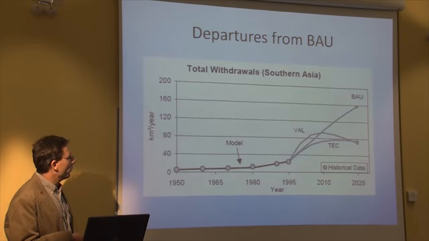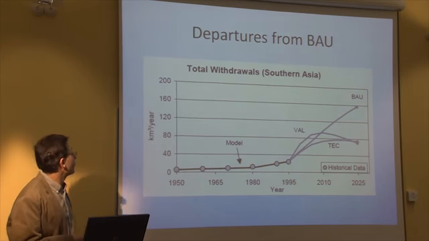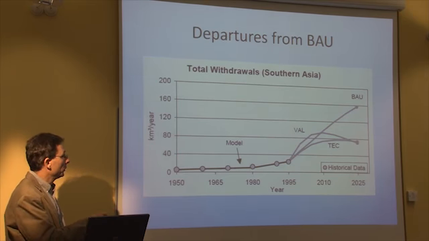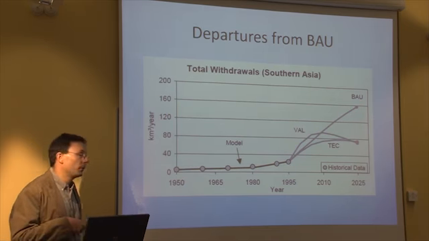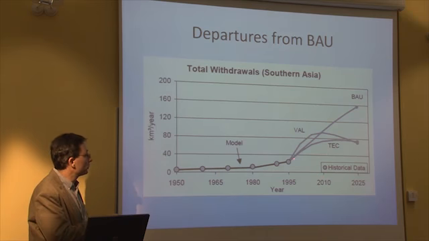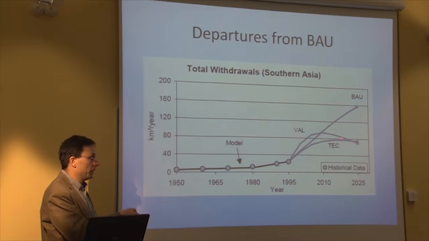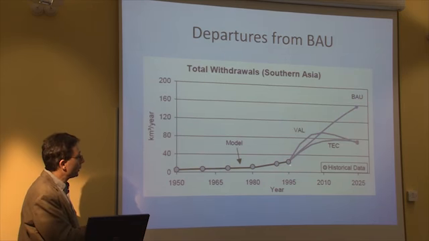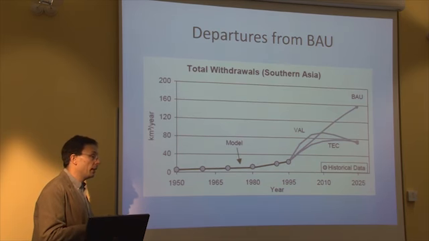And here's just one example of that for the whole of Southern Asia, showing 3 different scenarios of total water withdrawals based on, first of all, the business-as-usual scenario, where population growth takes us up to something like a need of 160 cubic kilometers per year in 2025, and 2 alternative scenarios, one which is very technologically oriented, so basically increasing efficiency in terms of the technologies that we use, and the other that's more culturally oriented in the way that people value and use water in their personal lives and the goods that they buy.